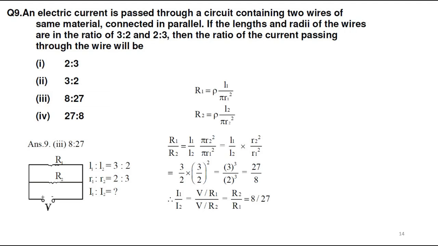Question number 9. An electric current is passed through a circuit containing two wires of the same material connected in parallel.